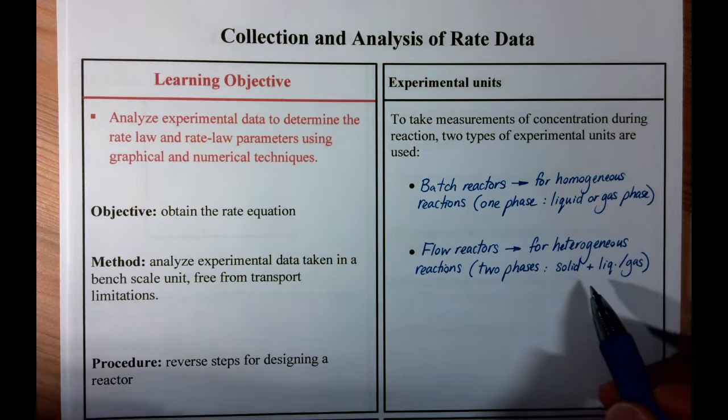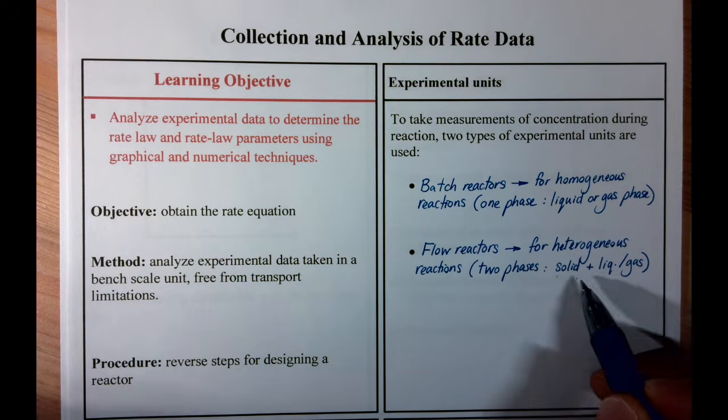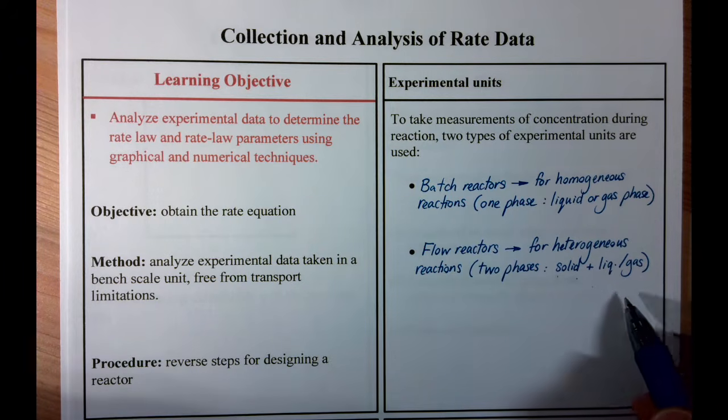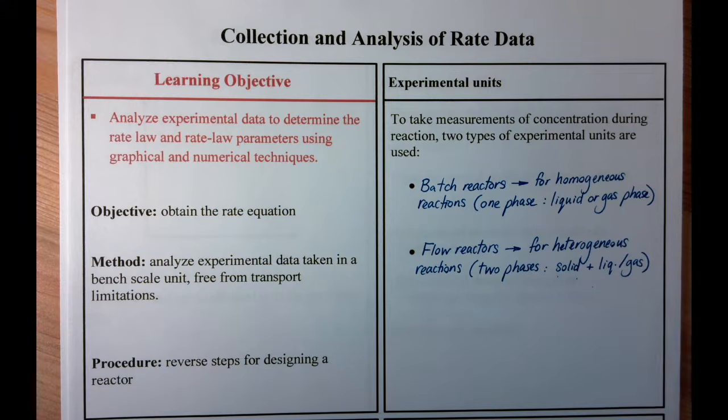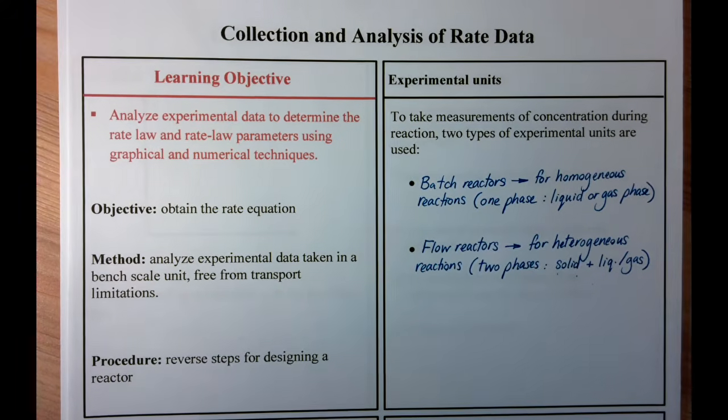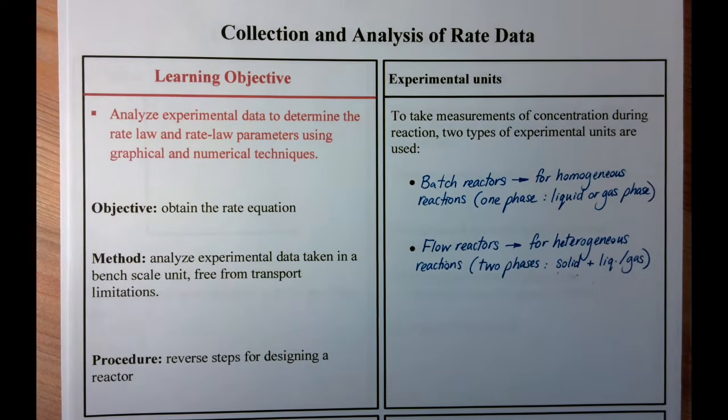But always consider that one of the phases is solid and the other phase is either gas or liquid. Okay, so that's all we need to know about our experimental units, where we're measuring these quantities that we're going to use to determine the rate law.